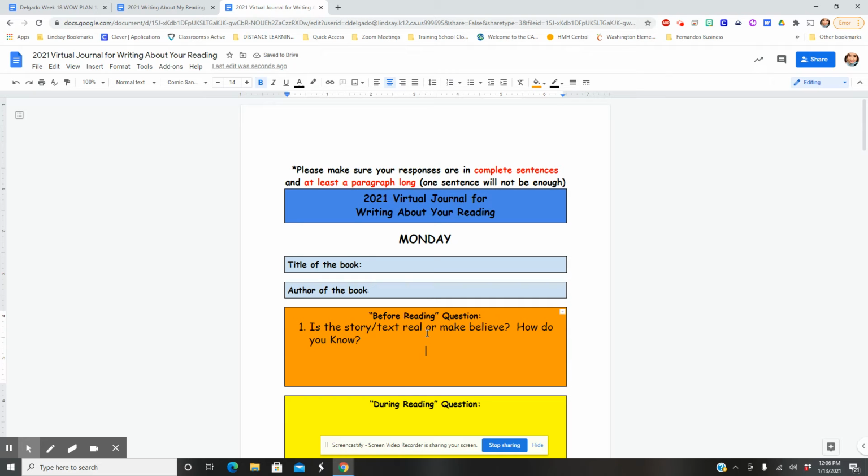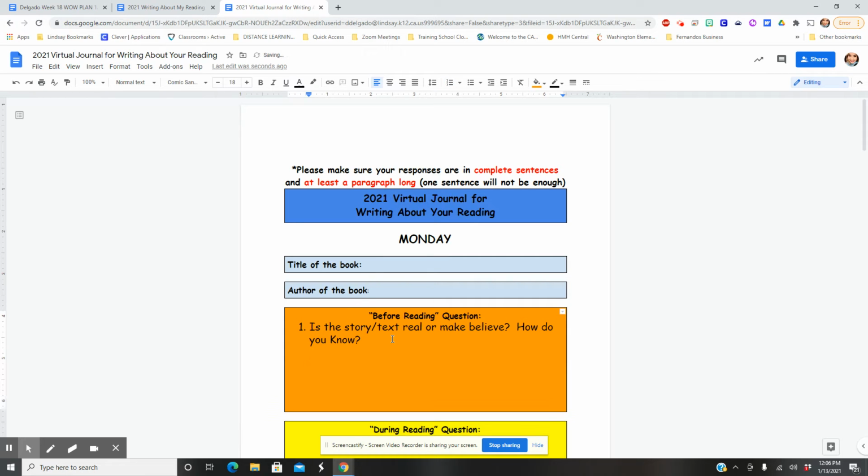In the story text, is the story text real or make believe? How do you know? Well, I can go into detail, because you need to answer in a complete sentence. The story I am reading is real.